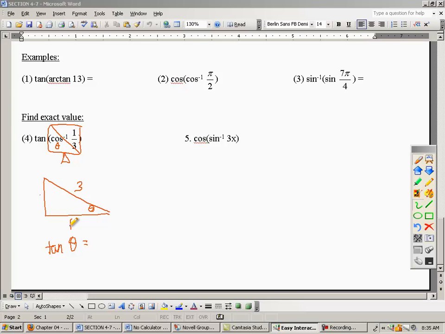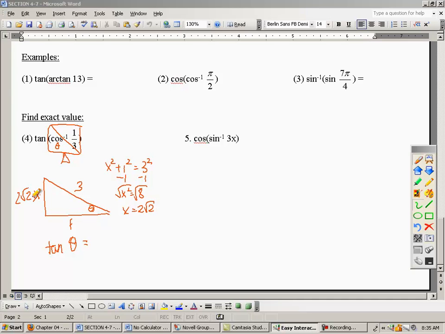The problem is I don't know this opposite side, so now I need to find that using Pythagorean theorem. So x squared plus 1 squared equals 3 squared. When I subtract 1, x squared is 8, and I square root it to get that x is 2 square roots of 2. So this value here is 2 square roots of 2.